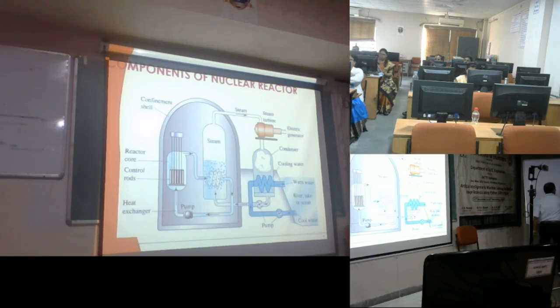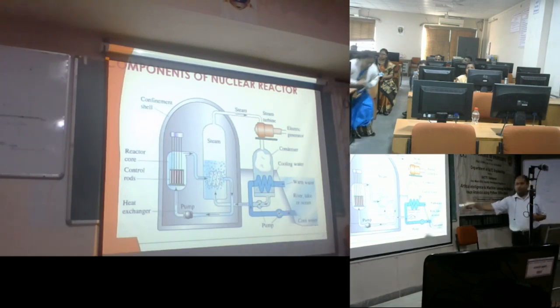There is a mechanism which operates this automatically, depending on how much power demand has come. The actual power needs to be matched with the power demand, and accordingly this algorithm works and the level of immersion of the control rod gets regulated, okay.